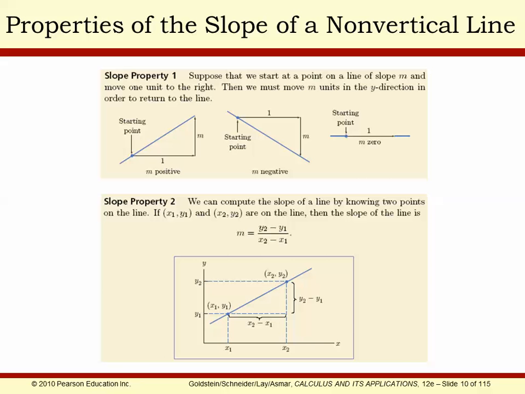The next property is very important also. It's a formula you should have memorized, and you may already have it memorized from previous courses. That's the slope of the line. If you're given 2 points, the slope is the change in the y-coordinates divided by the change in the x-coordinates.